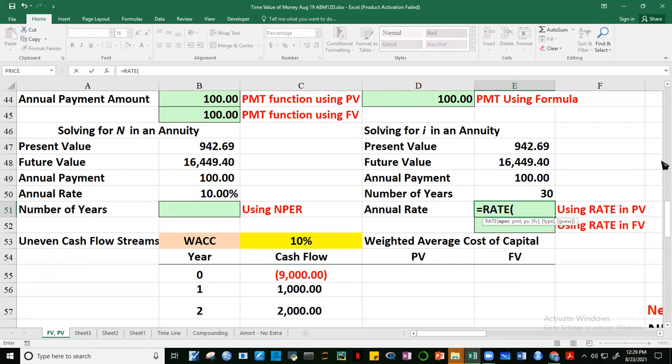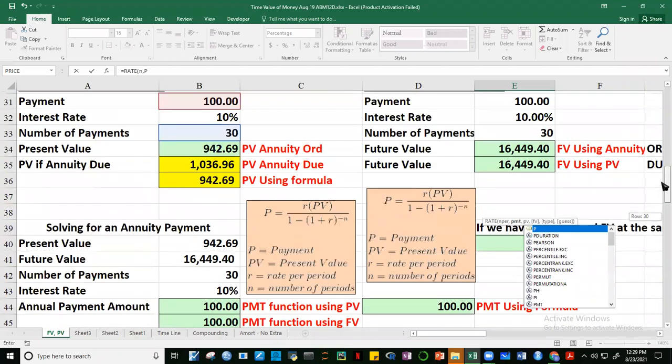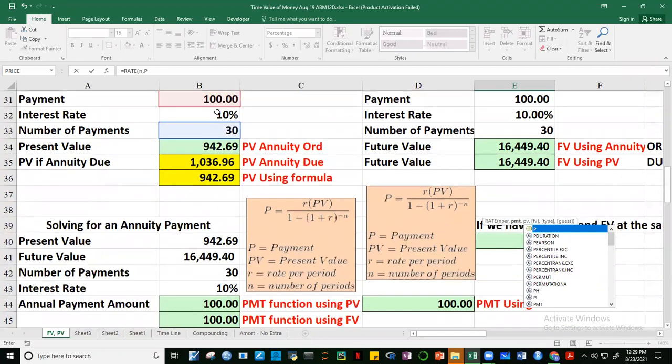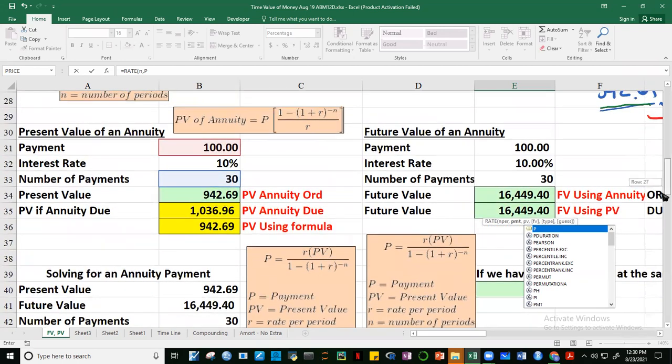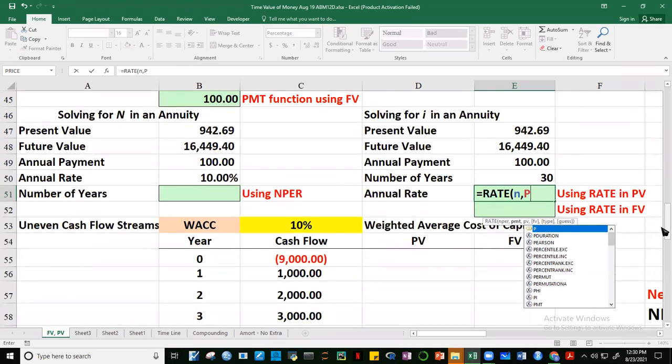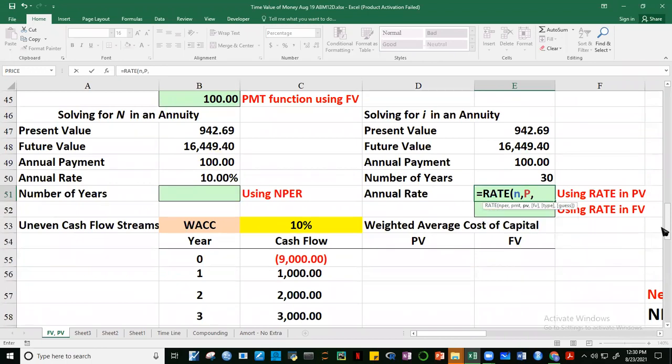So ang hinahanap sa atin, N per. Alam naman natin, N per natin yung N, di ba? That's 30 years. Comma. Ano yung PMT natin? That's your P. Diba? That's our P, which is our payment natin. This one. That's our annuity. P, comma.